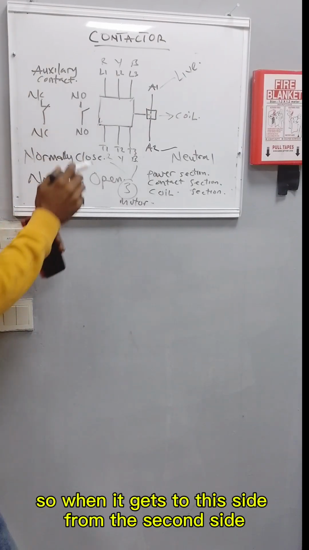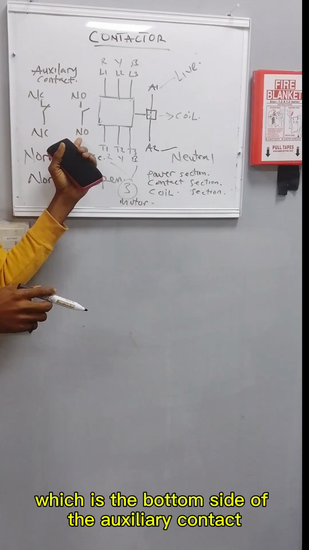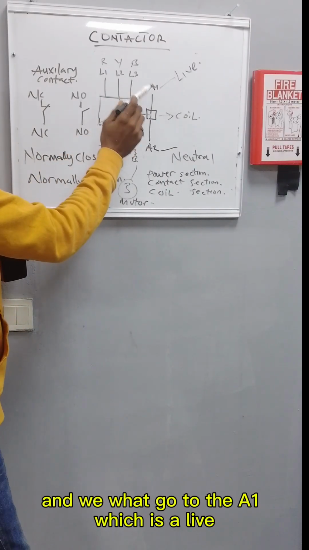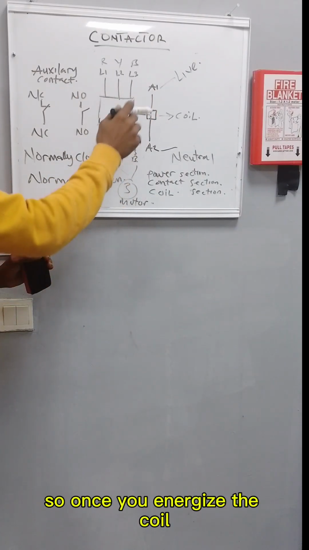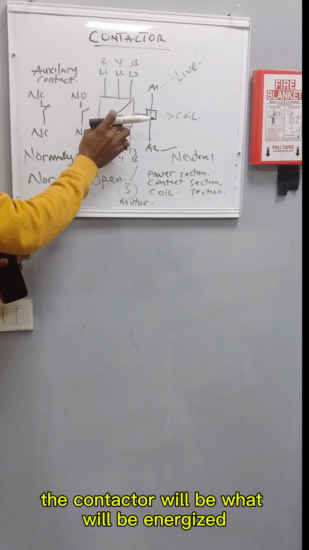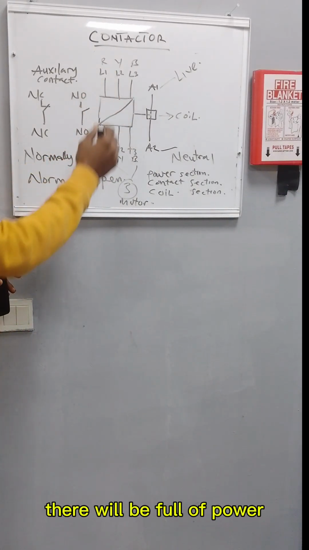Then from the second side, which is the bottom side of the auxiliary contact NO, we go to the A1 to energize the coil. So once the coil is energized, the contactor will be energized, and once the contactor is energized, there will be flow of power.